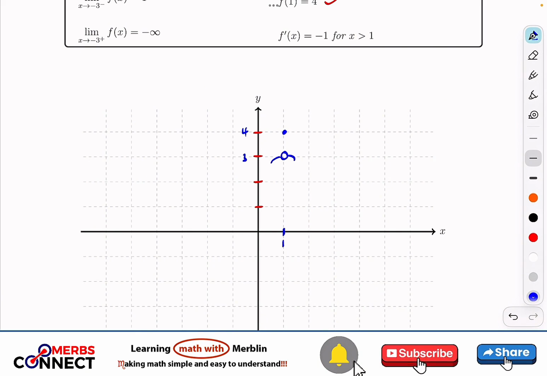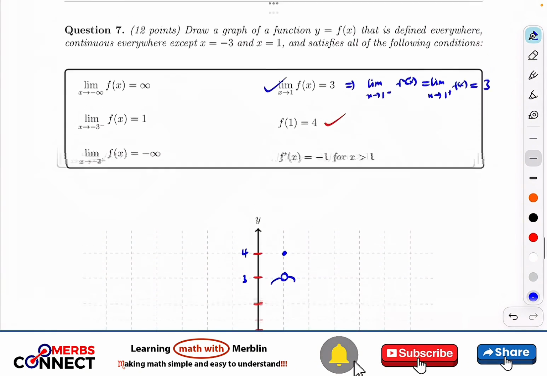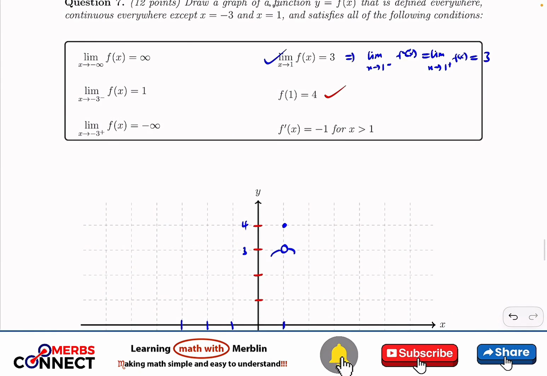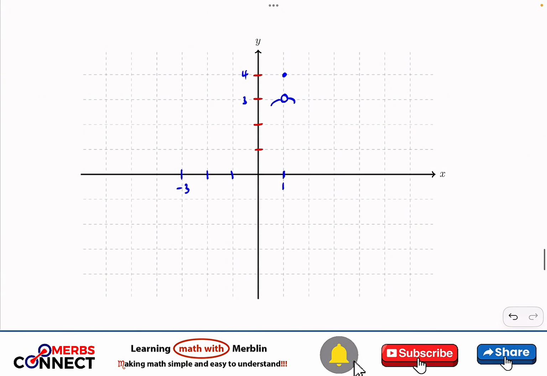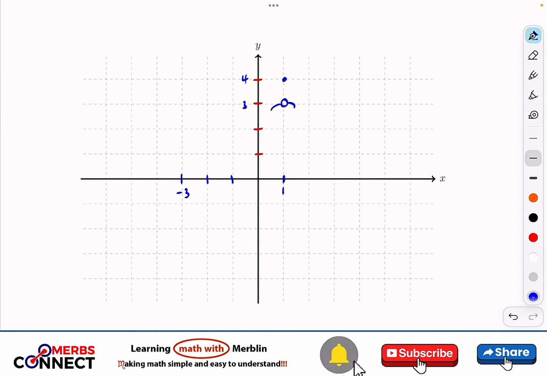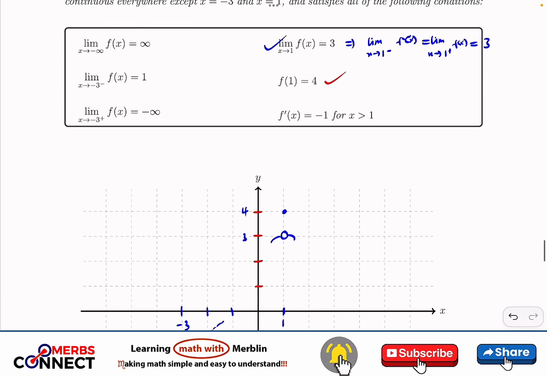So we are going to have 1, 2, 3. So minus 3 is here. And when we are approaching minus 3 from the positive side, we need to be going to negative infinity. So if this is minus 3, when I'm approaching minus 3 from the right, I should be going to negative infinity. Sorry, from the right. So that is for this one.